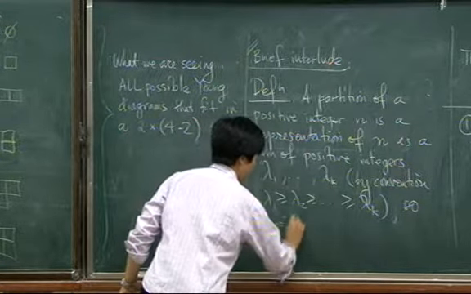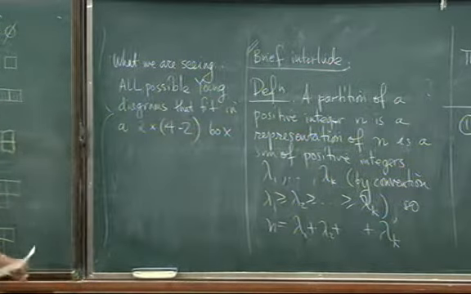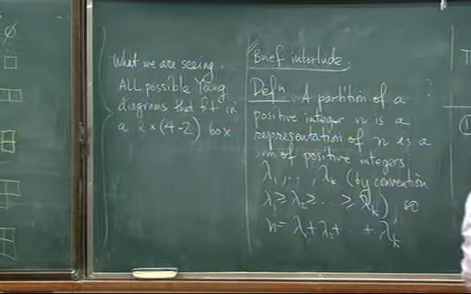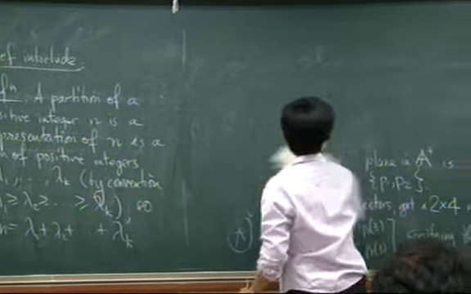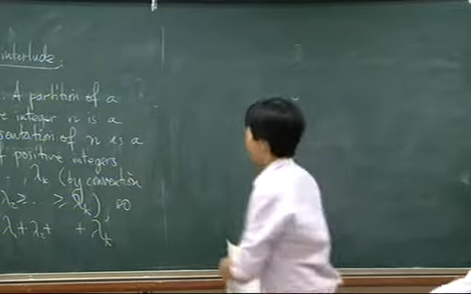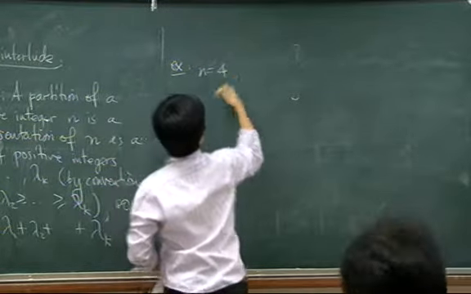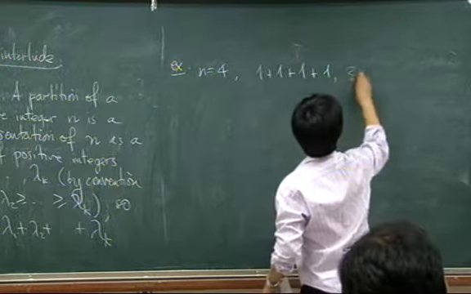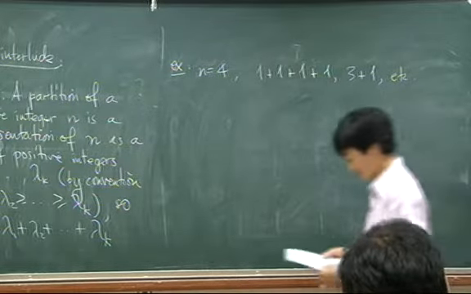Just to be completely concrete here, for n equal to 4 you can write something like this, etc. These are the kinds of partitions that you can get.